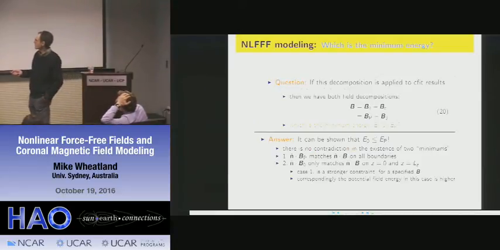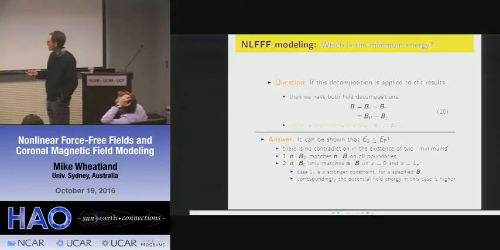Okay, so you can show that the energy of this field is always less than or equal to the energy of that field. So there's no contradiction here. These two potential fields are constructed with different boundary conditions. In particular, for the Bp, the normal component of that field matches the normal component of the total field on all boundaries.